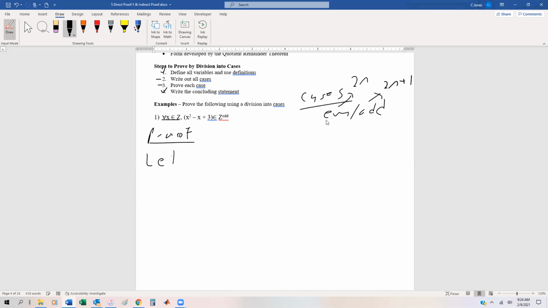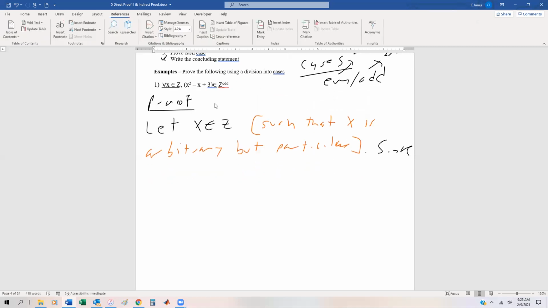Let's start by saying, let x be an element of the integers, such that x is arbitrary but particular. And we can say that since x is an integer, all integers are either even or odd.